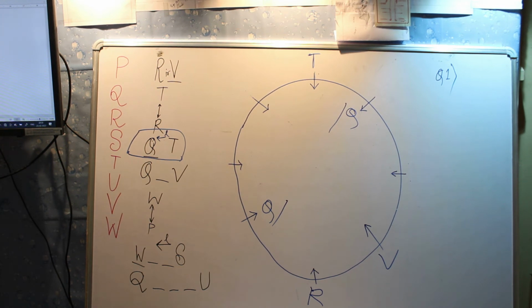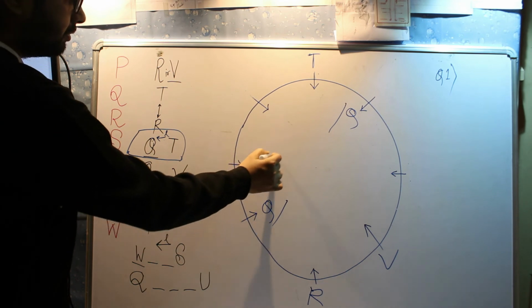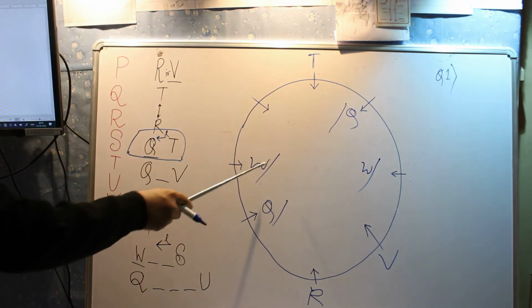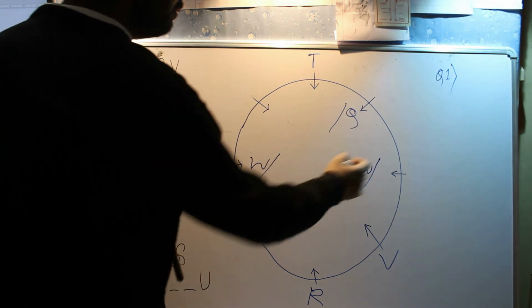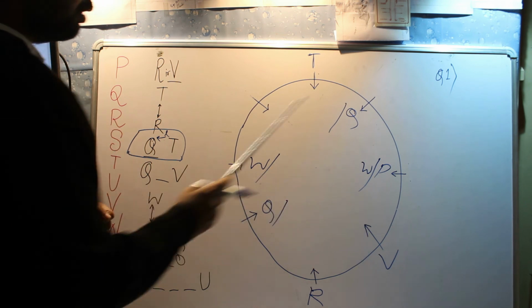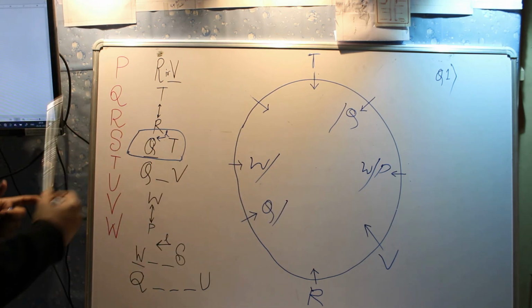So where can I fit W? W can be either here or here. So if this is W, this has to be P, because W faces P. Or if this is W, this has to be P.